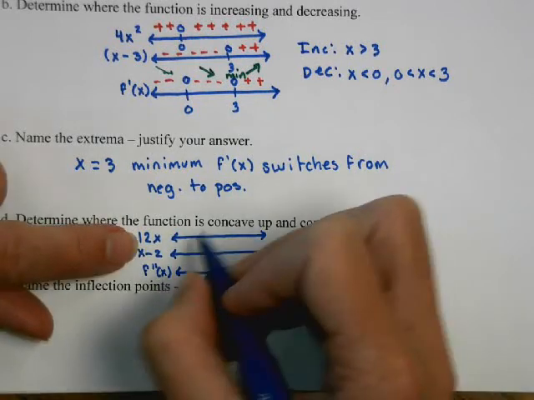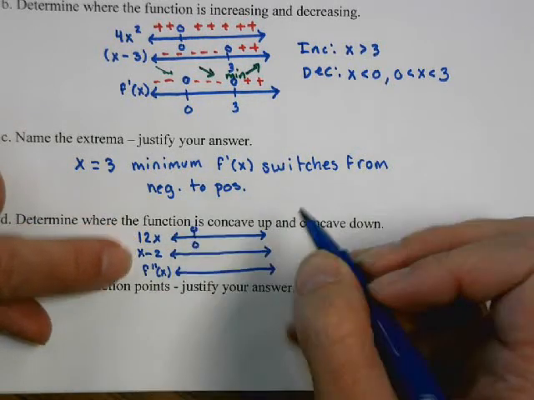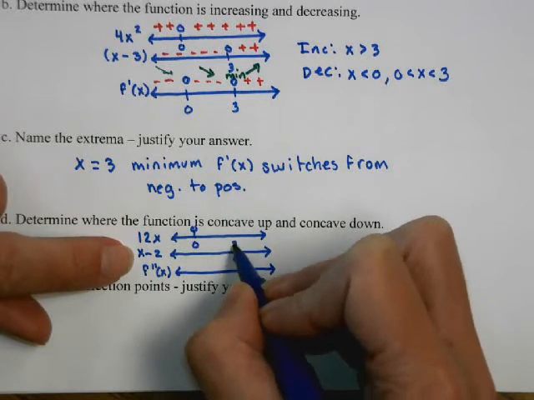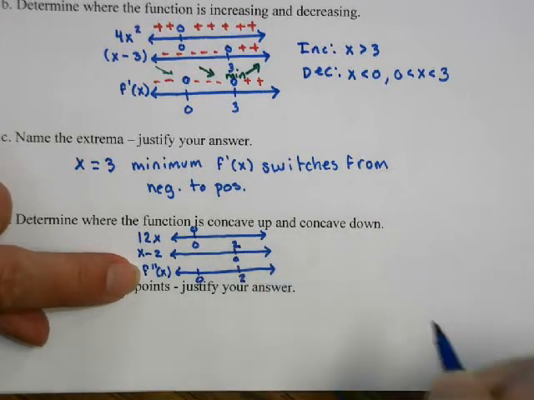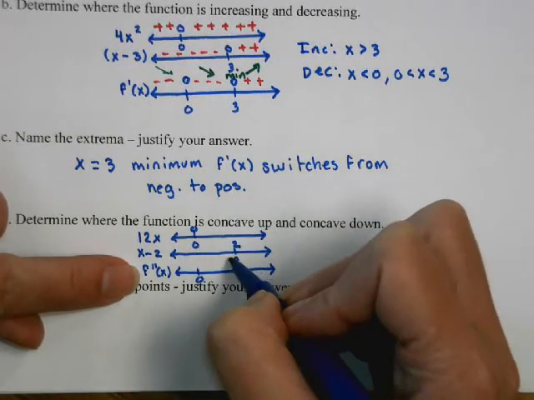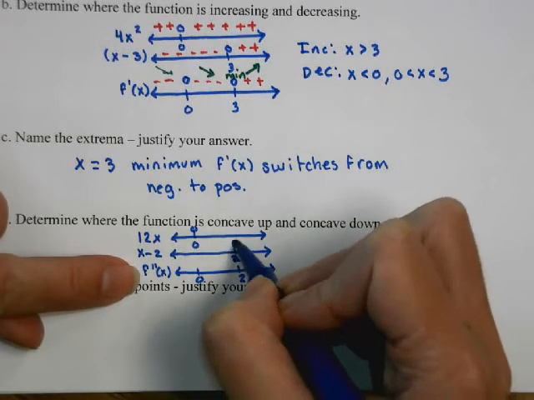Here, this is going to be 0 at 0. Here, this is going to be 0 at 2. So there's two critical points on this line.